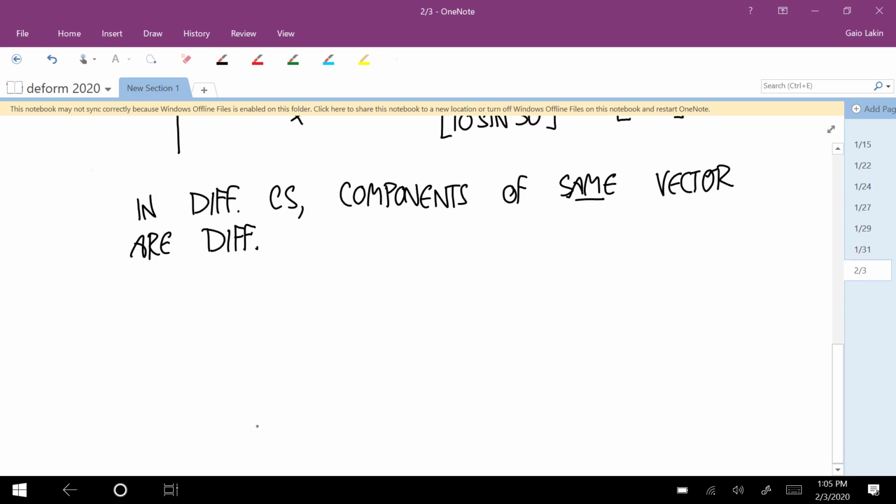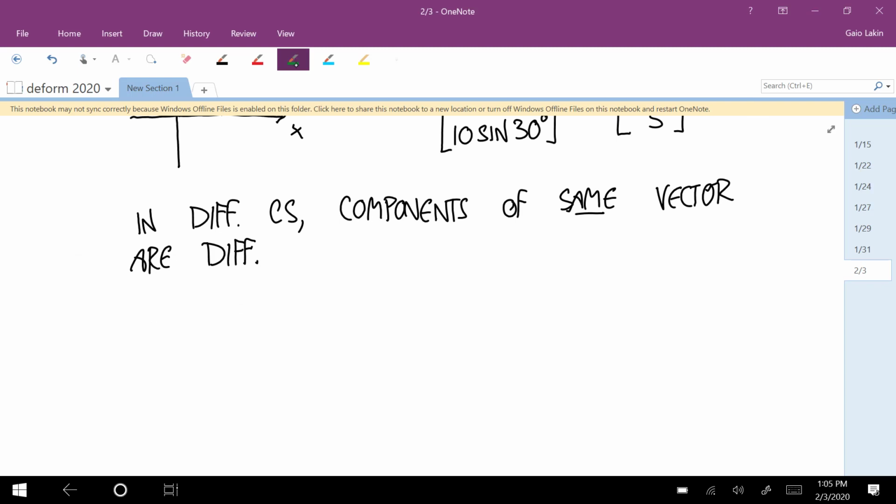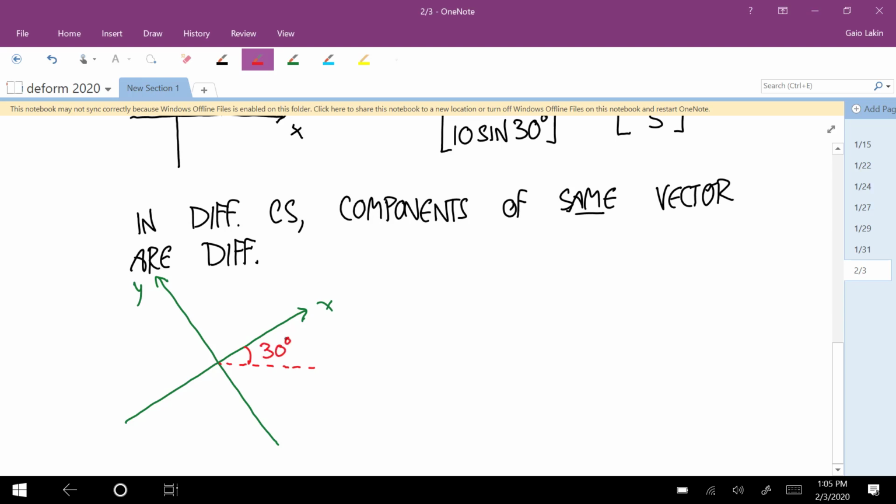So now let's say that we're going to use a coordinate system where the x-axis is this, okay? And this x-axis makes an angle of 30 degrees with the horizontal, okay?